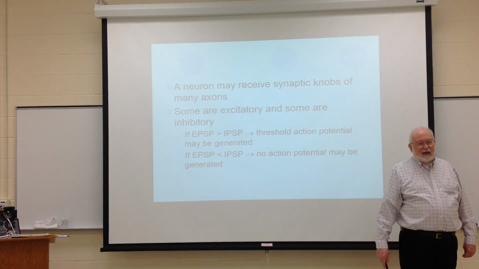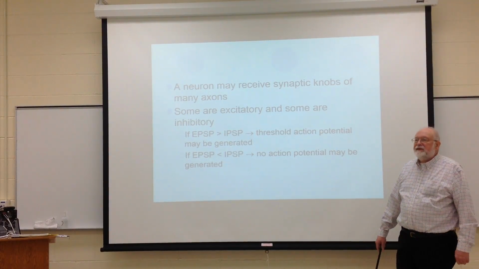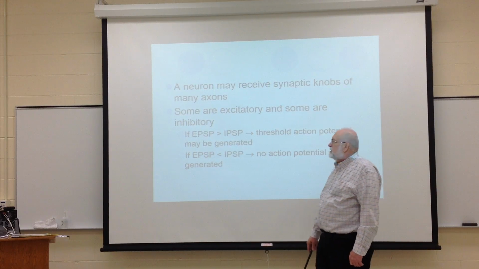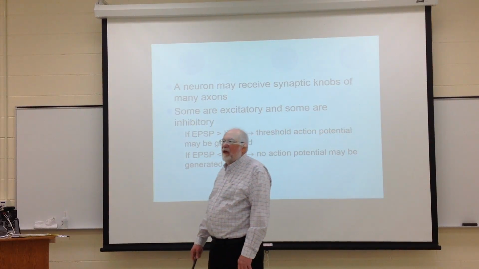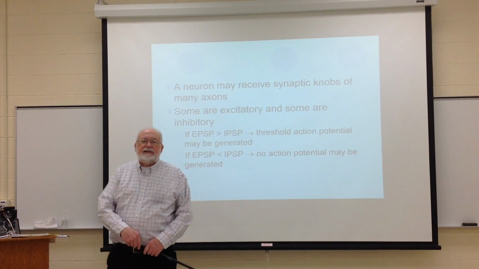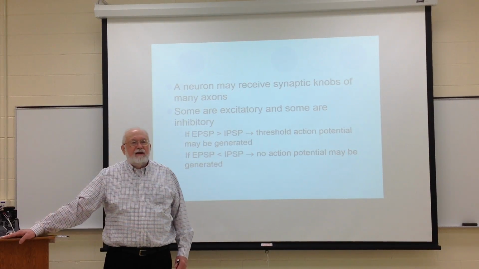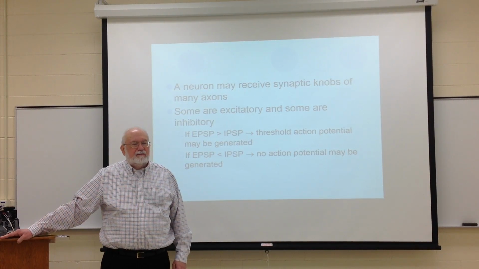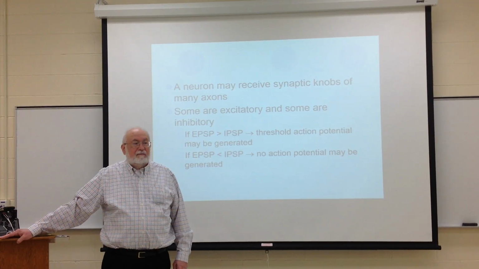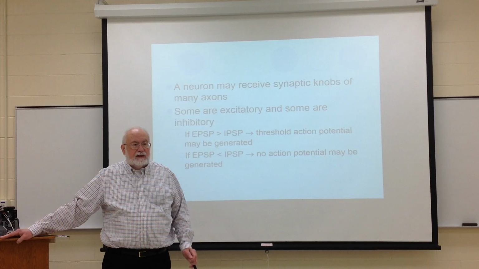Now let's just think. What happens in someone with Parkinson's, where this is out of whack, where they're generating lots of excitatory impulses and not enough inhibitory ones? What happens? Muscle jerking. Lots of muscle jerking, the tremors, and they have a hard time maintaining posture and balance and so on.